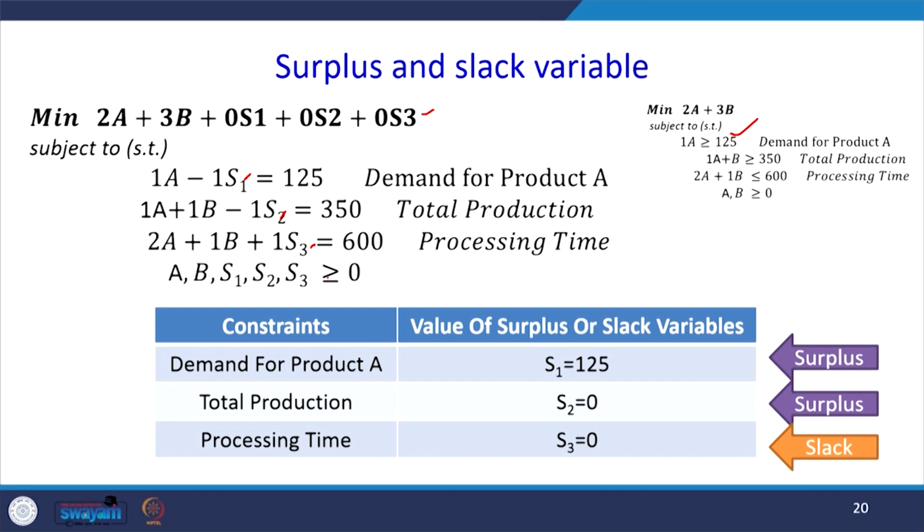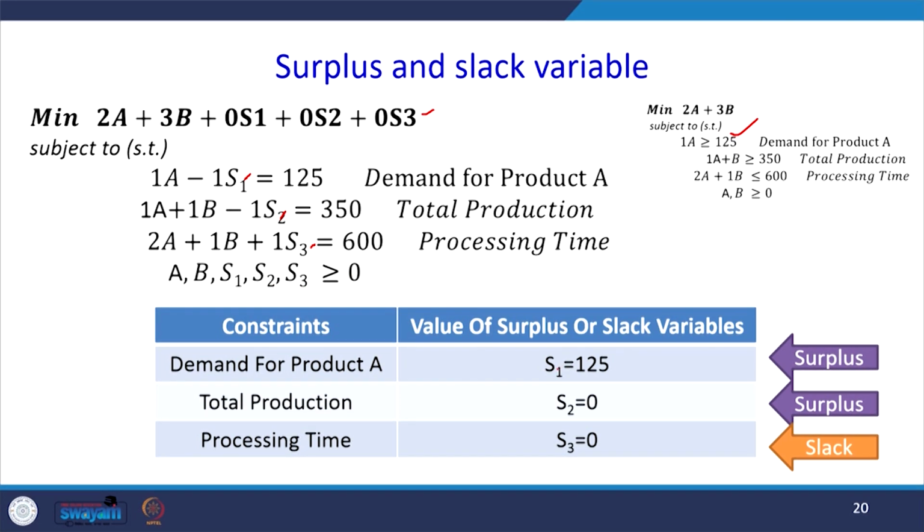Now the standard form of our LP problem is 2A plus 3B plus 0 S1 plus 0 S2 plus 0 S3, subject to 1A minus 1 S1 equal to 125, 1A plus 1B minus S2 equal to 350, 2A plus 1B plus S3 equal to 600. Now A, B, S1, S2, S3 are all greater than or equal to 0.